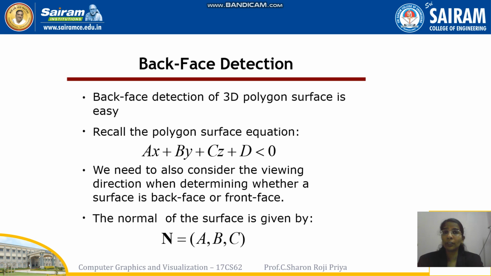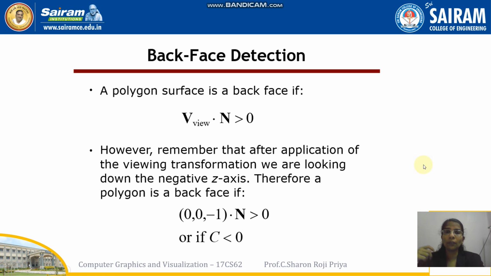Next, I have to identify whether that point is on the back face or the front face. For that you take the dot product of V and N. V is the view vector, the viewing direction, and N is the normal to my plane, the normal to my surface.